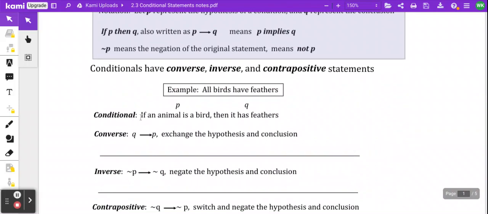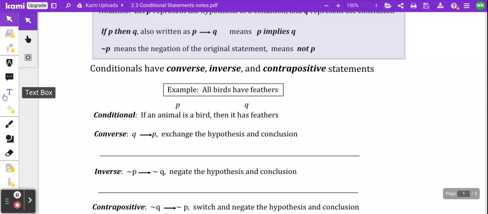Again, let's look at this example. The conditional statement is, if an animal is a bird, then it has feathers. The hypothesis is that the animal is a bird, and the conclusion is that it has feathers. So converse, how do we form the converse? For the converse, we switch if and then.